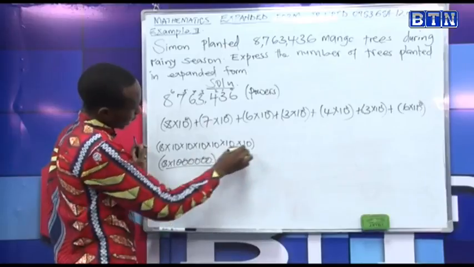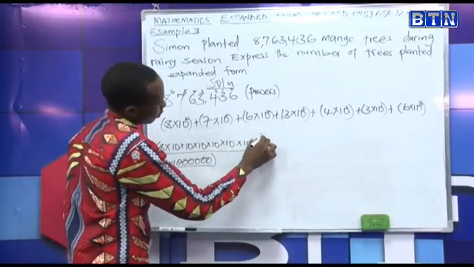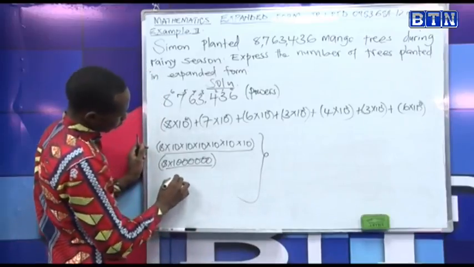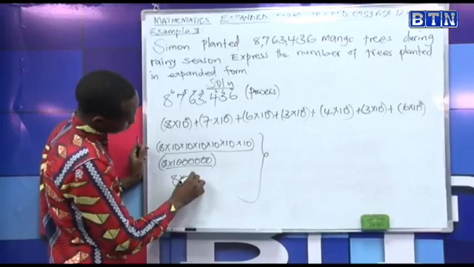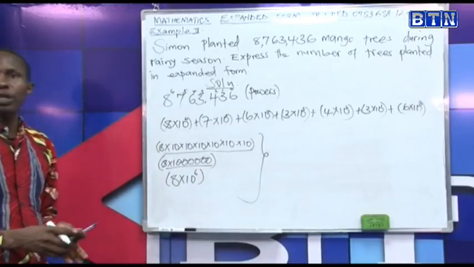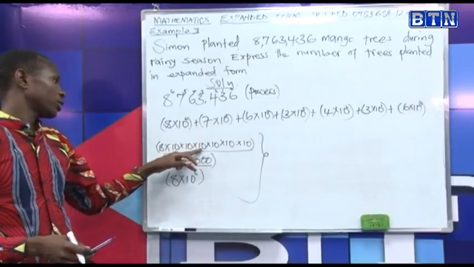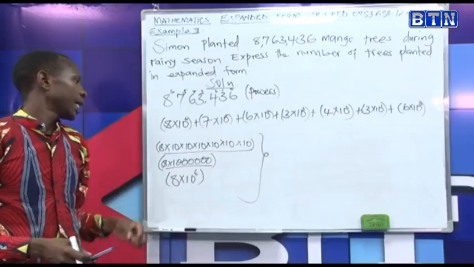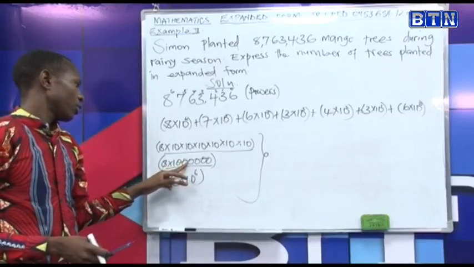This statement and this statement and this statement, they are the same. The three statements, when I have this, all these three statements mean the same. Somebody has 8 times 10 to power 6, and another person has 8 times 1 million.